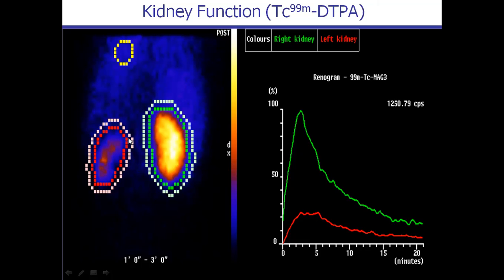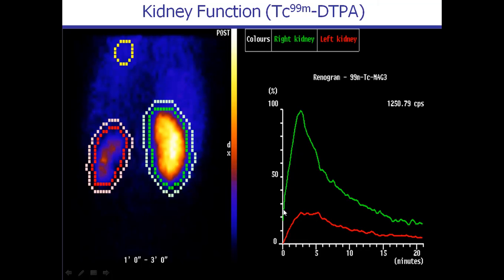On the contrary, on the opposite side, the left kidney is diminished in size, and accumulation of radiopharmaceutical is decreased.